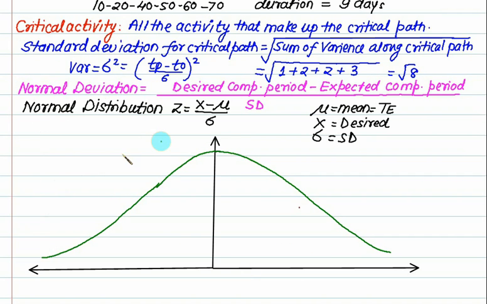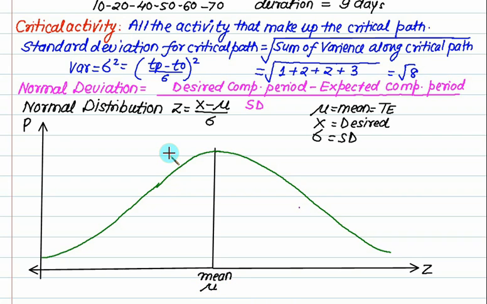On this axis we have the probability, so let me draw one other axis. One axis represents probability and the other axis represents Z. The middle line represents the mean, which is called mu.